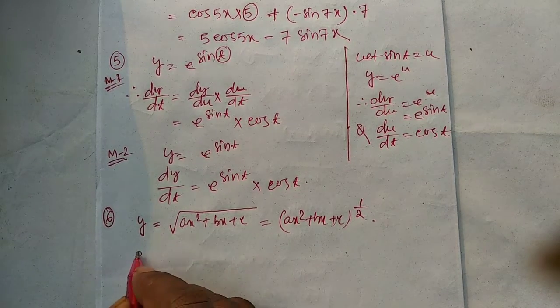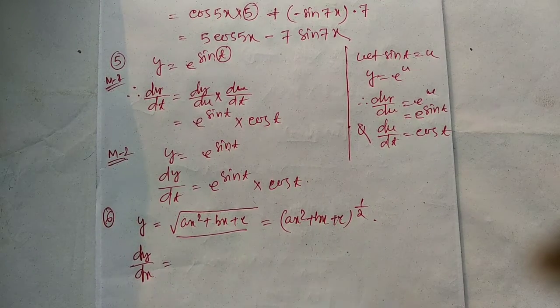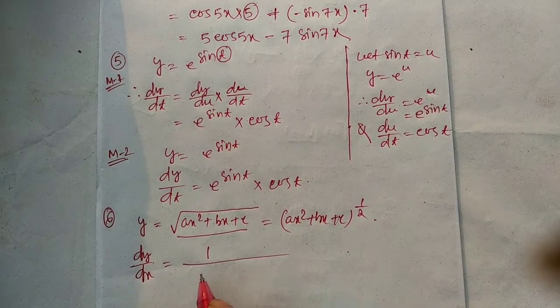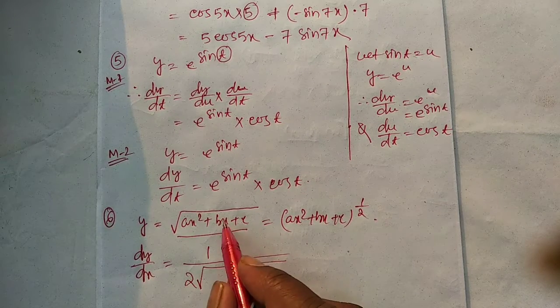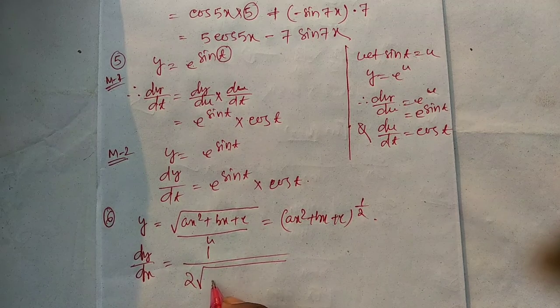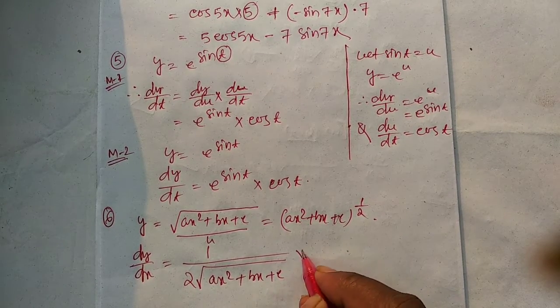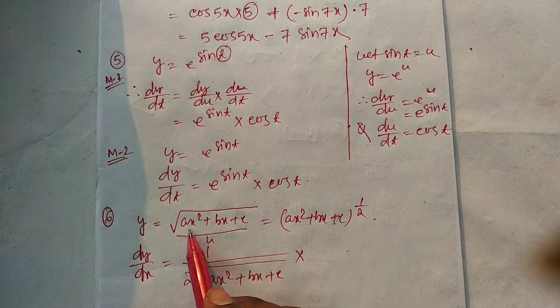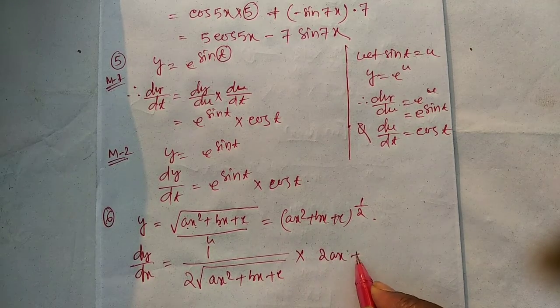So directly we can write: let's say this one is root u, so 1 upon 2 root u. So this will be 1 upon 2 square root of ax square plus bx plus c, into the derivative of u, that means the derivative of ax square plus bx plus c. So this will be 2ax plus b.